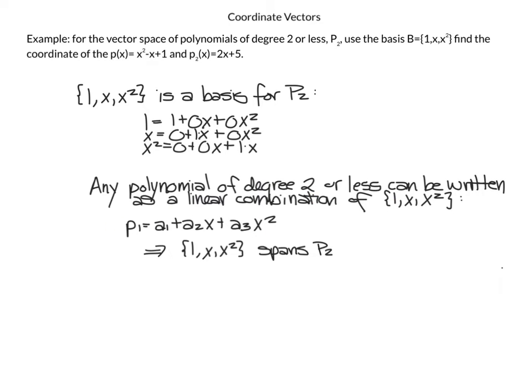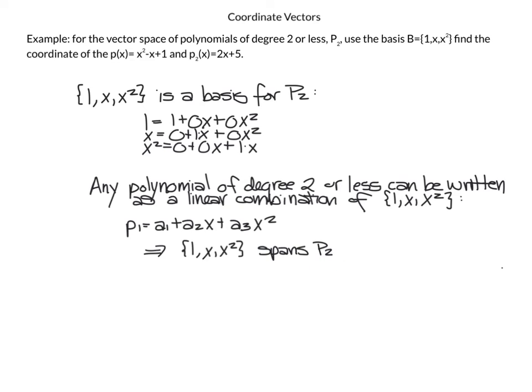In particular, let's just take our example polynomial. P1 is equal to A1 plus A2x plus A3x squared, where A1, A2, A3 are all scalars. Then what we can see is that this polynomial, in fact that's how we write it, is a linear combination of 1, x, and x squared: A1 times 1, A2 times x, and A3 times x squared.